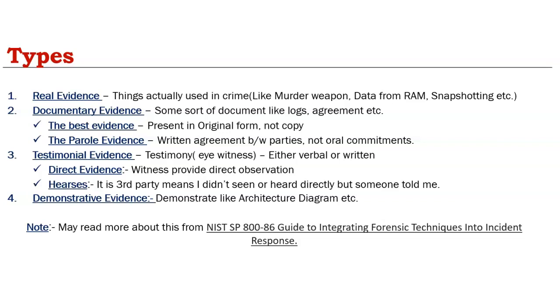The court does not accept this, except in certain circumstances. In the majority of cases, third party evidence is not directly admissible in the court. But if you give the statement in front of a judge, in front of the court, then it is acceptable even though it is third party or seen or heard evidence.